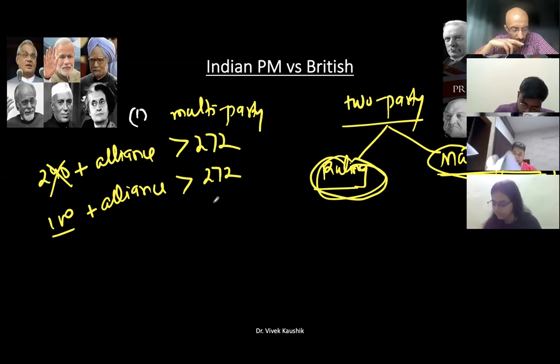India, on the other hand, is a multi-party system, and thus the opposition is often fractured.